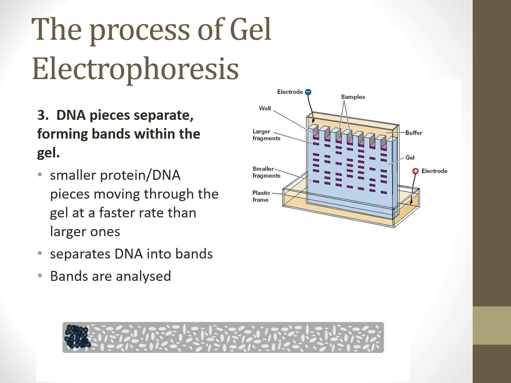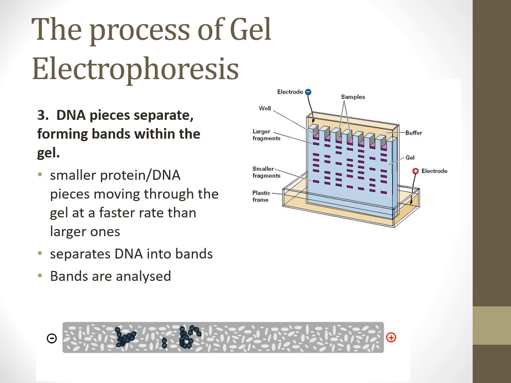So if we've got small pieces of DNA, they're able to work their way through the matrix much more quickly, and they're able to get further away from that negative end and closer to the positive end of our gel electrophoresis cell.